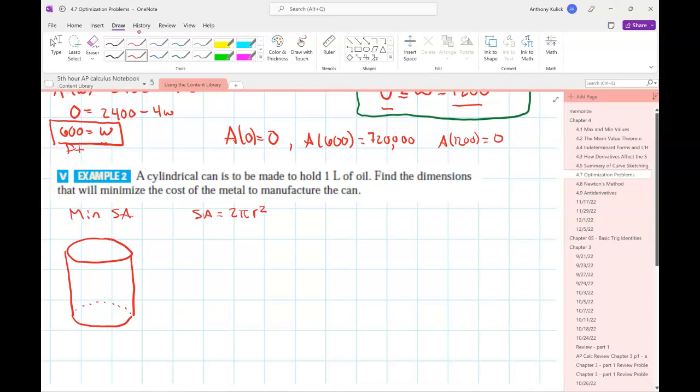Yeah, 2 pi r squared, one for the area for the top, one for the area of the bottom, and then plus 2 pi r h, which is for the rectangle that's the sides, basically. Right, if we unwrap the sides, it just turns into one big rectangle.